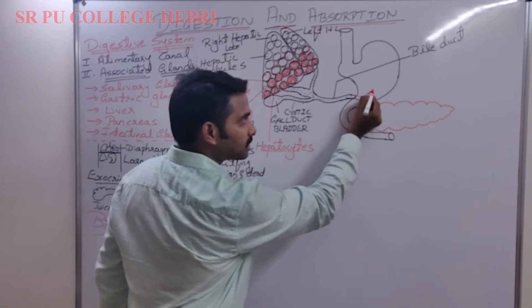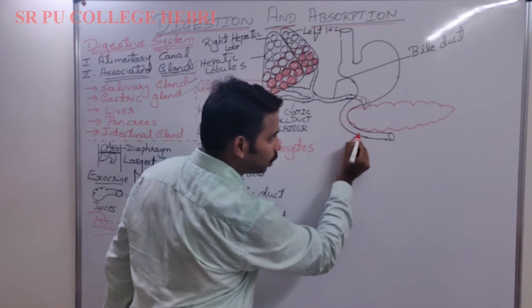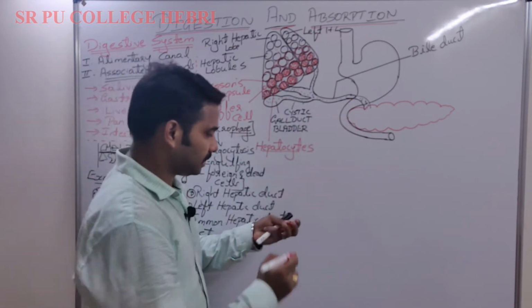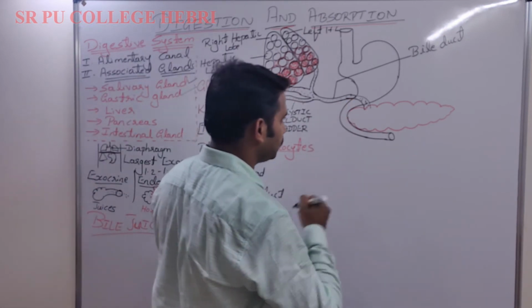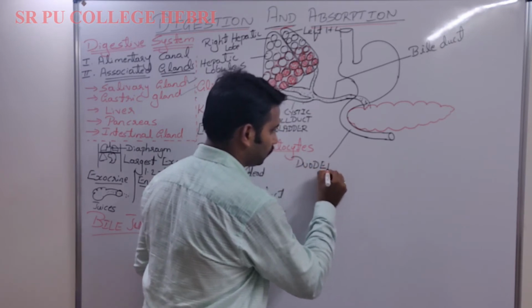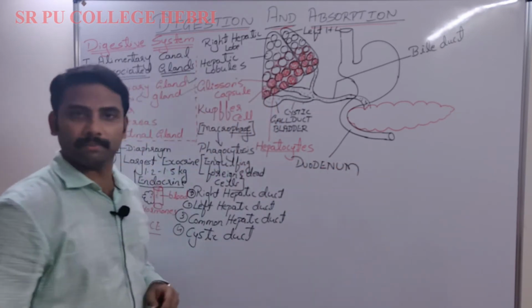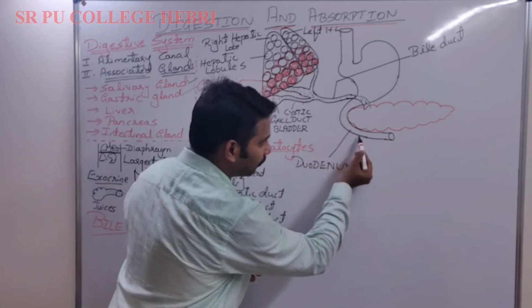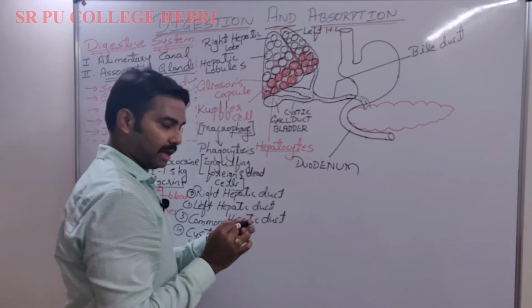Stomach continues into a C-shaped part, the first part of the small intestine. What is that called? Duodenum. Right, now what is that called? Duodenum. Now in the arc of the duodenum you will find pancreas.